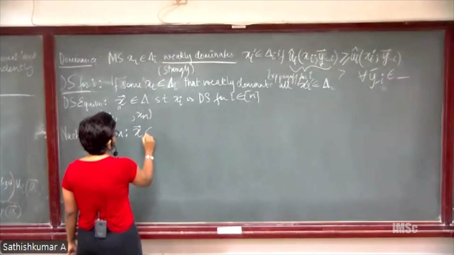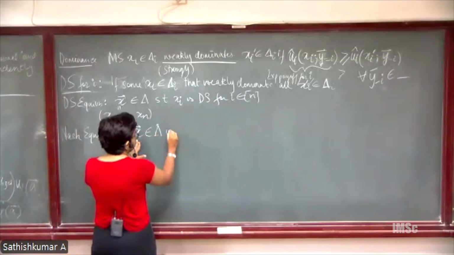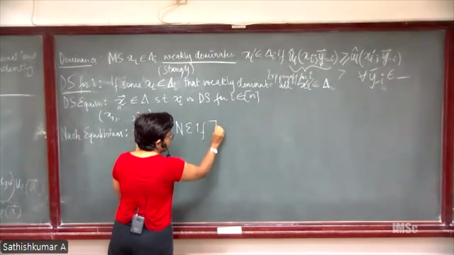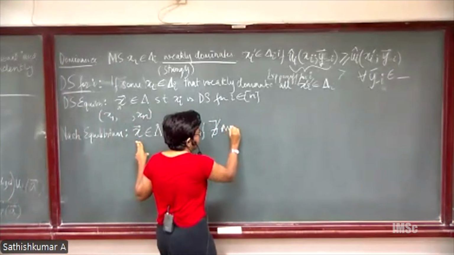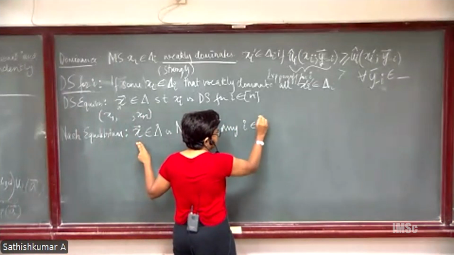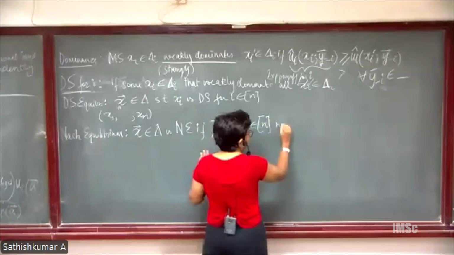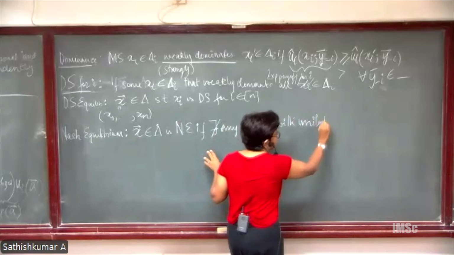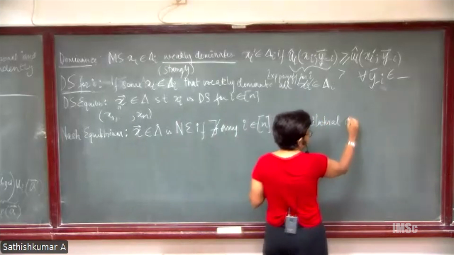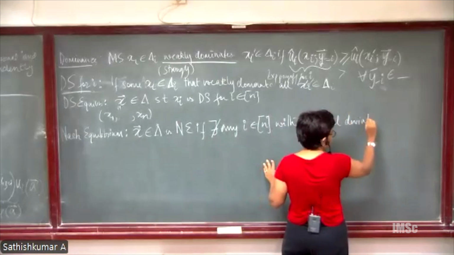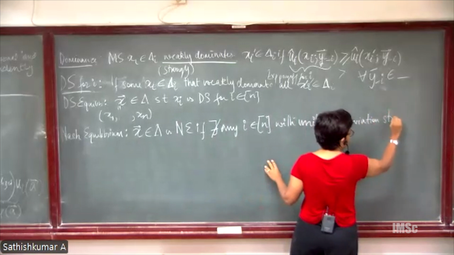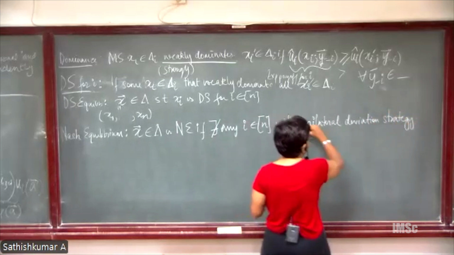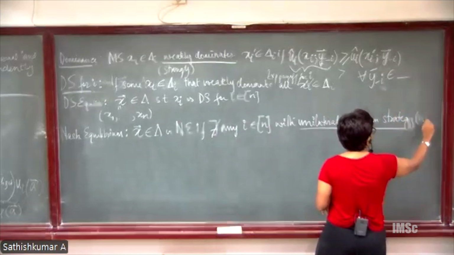So a profile X is a Nash equilibrium if there does not exist any player with a unilateral deviation strategy. I'll explain what this is. It's easy. Let's call it UDS.